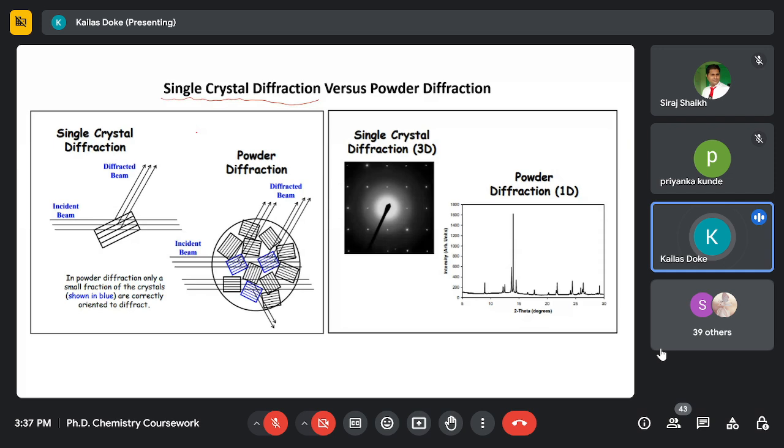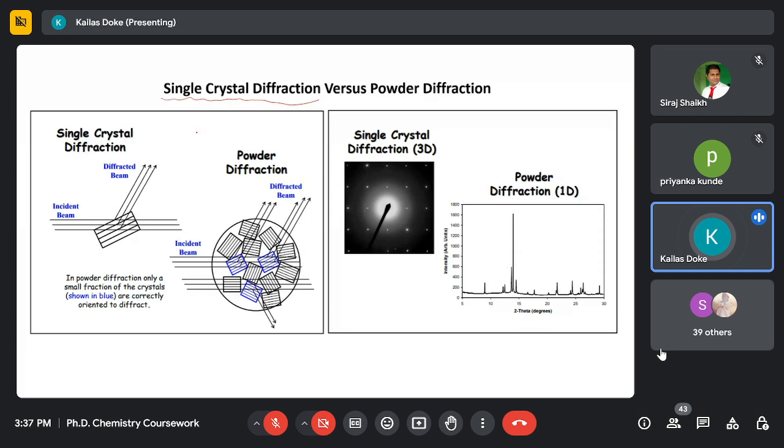Whatever constituents are present at different spaces or different lattices within the crystal, each constituent is diffracted at different angles, and we get different spots. Such diffraction is called single crystal diffraction. But in research, it is very difficult to get a pure single crystal, because to collect the crystal, the size should be bigger.